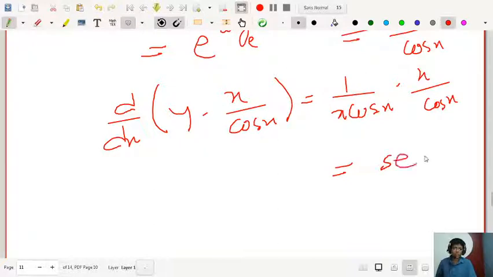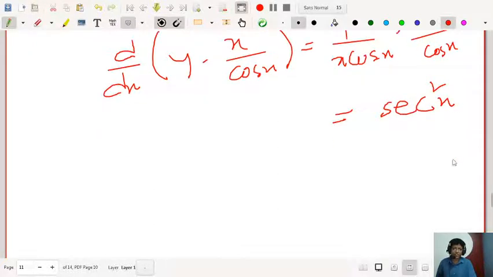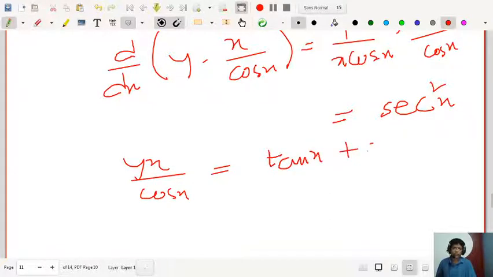If you integrate both sides, the final result is xy by cos x equals, since integration of sec square x is tan x, tan x plus c. So this is the general solution, okay?